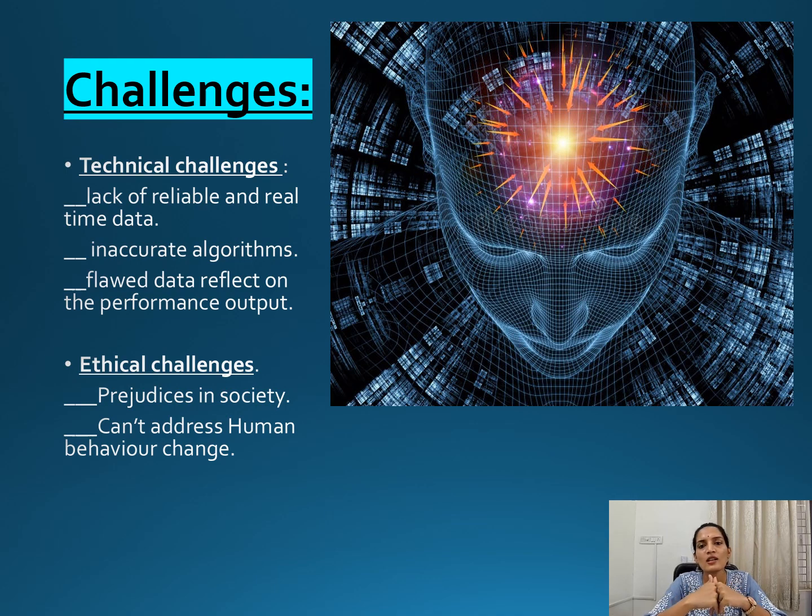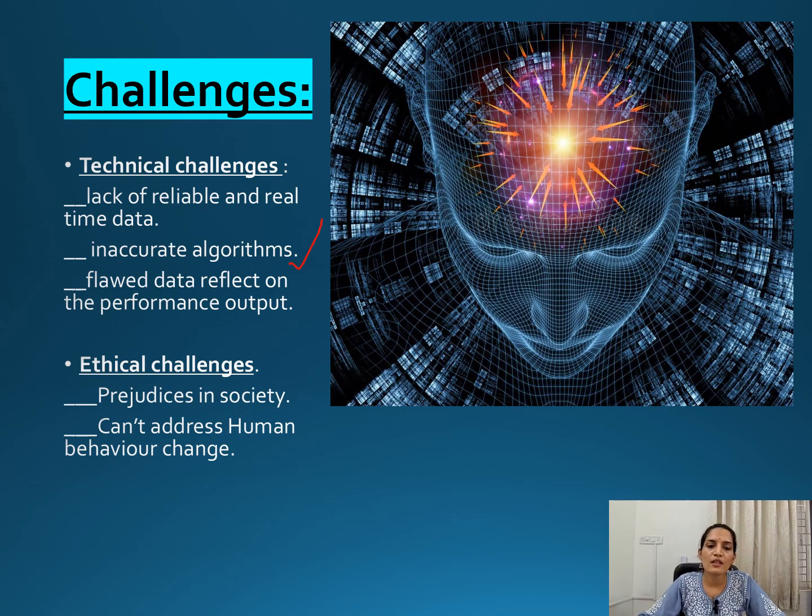Okay. So what if the algorithm that is fed to the machine has gone wrong? Obviously it will have an impact on the output, right? So if the algorithm is inaccurate, the output of that task is going to be inaccurate. For that matter, it is going to be completely wrong.